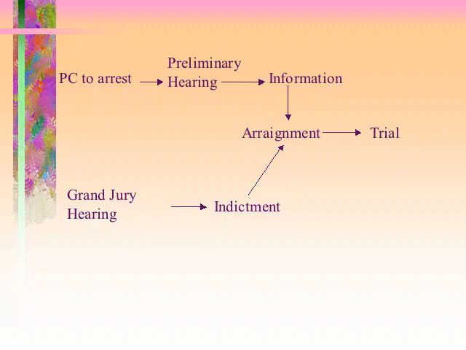Now let's look at the bottom portion of this diagram. To the far left, you see grand jury hearing. In the county I'm from, Contra Costa, we have 19 grand jury members, and of those 19, I believe it's 11 that have to vote for indictment. In a grand jury hearing, the grand jury hears the testimony. Let's say that it's the same sort of case, and the officer would come in and testify about the case.